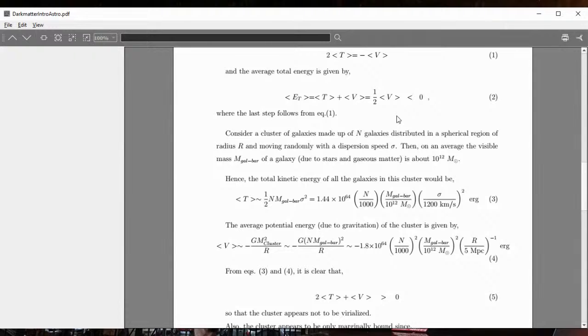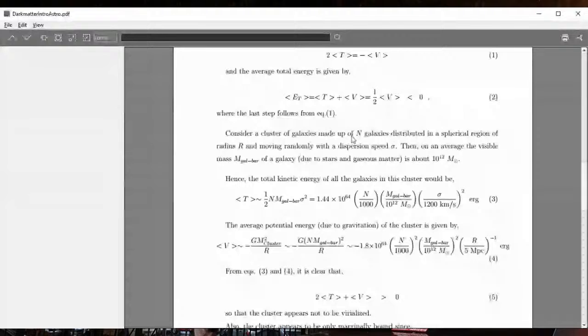Then what you do is take the velocity vector, from that you subtract the average velocity, square it, and then take the average. That will give you the variance, sigma square. So here the dispersion speed sigma is nothing but the square root of the variance of the velocities of the galaxies inside the cluster.